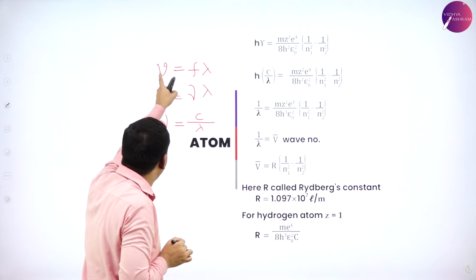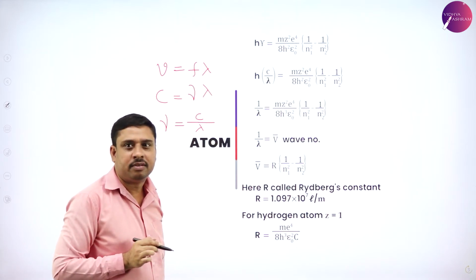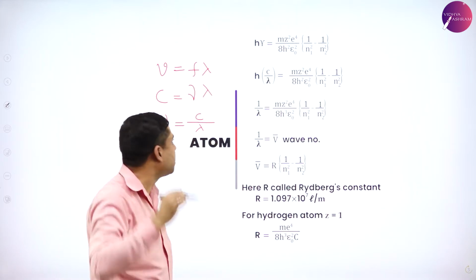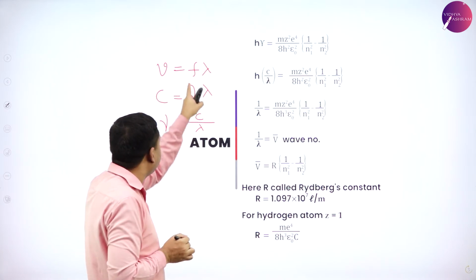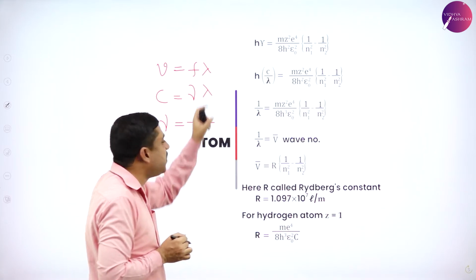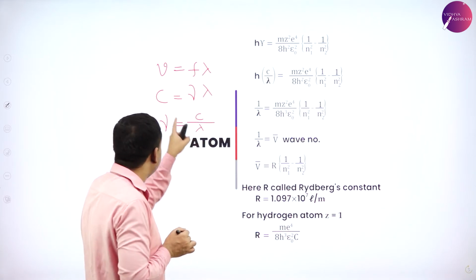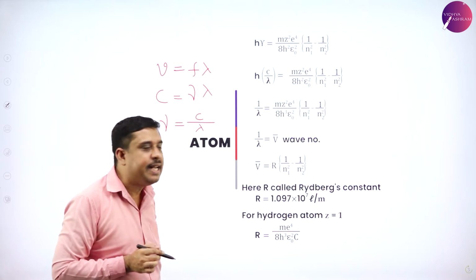Generally, for a wave, v equals f lambda. For radiations, the speed is c, the frequency is nu, the wavelength is lambda. So nu equals c divided by lambda.